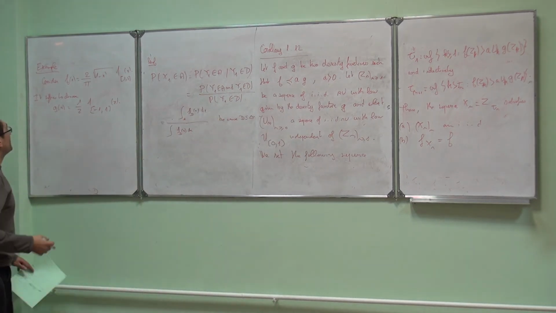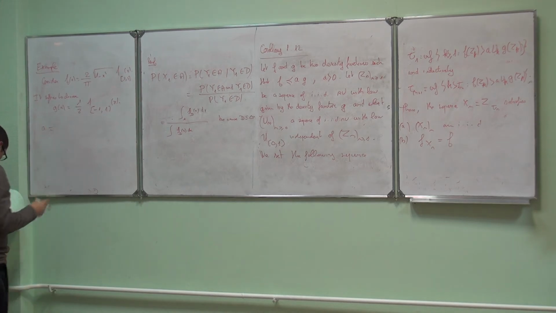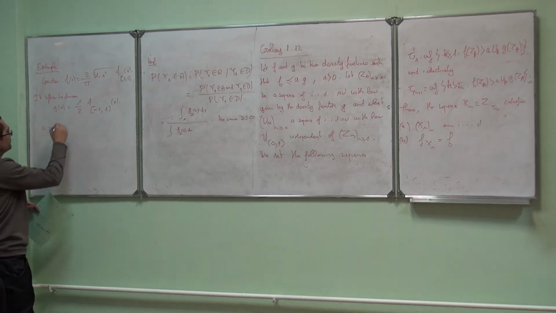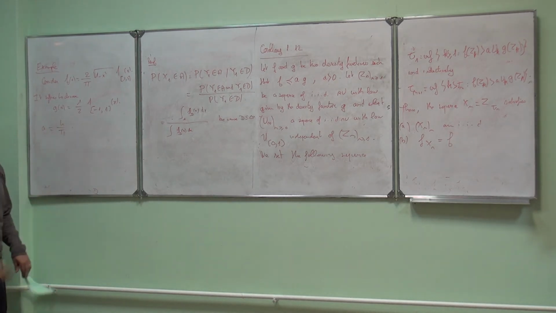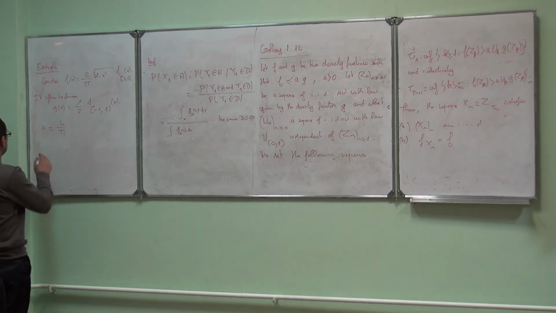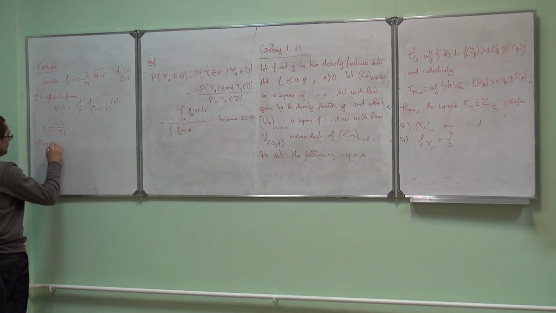We see here a equals 4 over pi. Okay? So very simple.